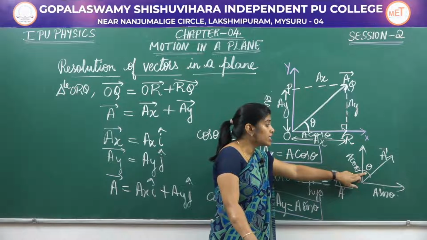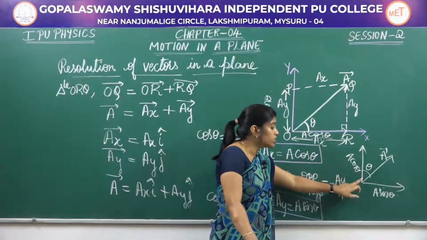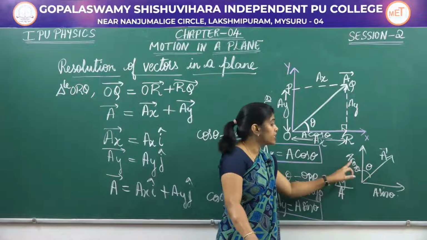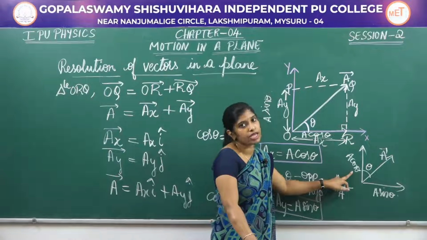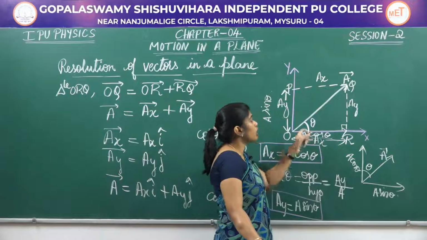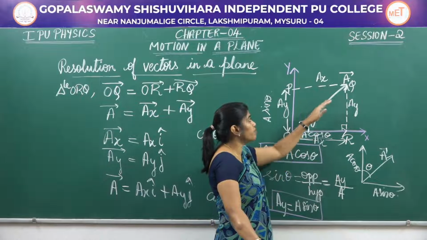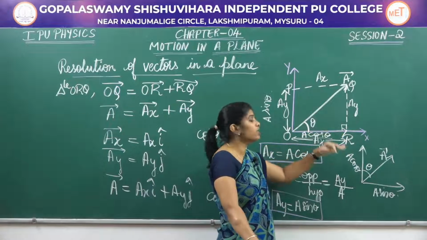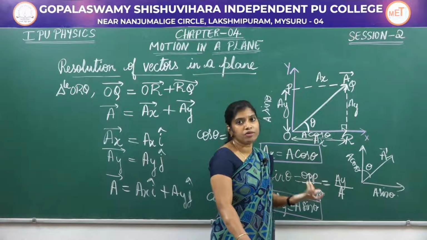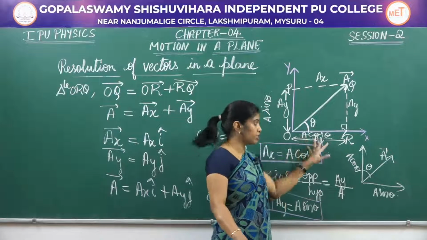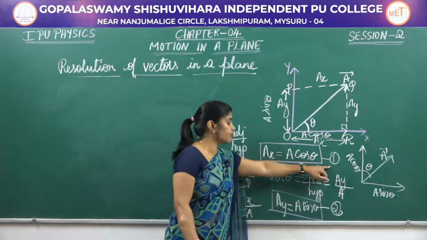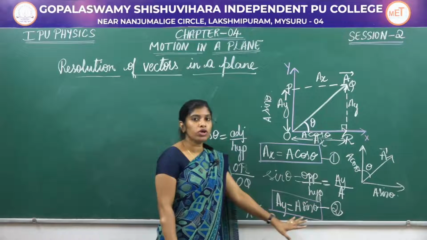So, if theta is the angle made by the vertical and the vector, then the vertical component becomes A cos theta. Or if this theta is the angle made by the vector with the horizontal, then the horizontal component becomes A cos theta. Remember this. I am going to consider these as equation 1 and equation 2.